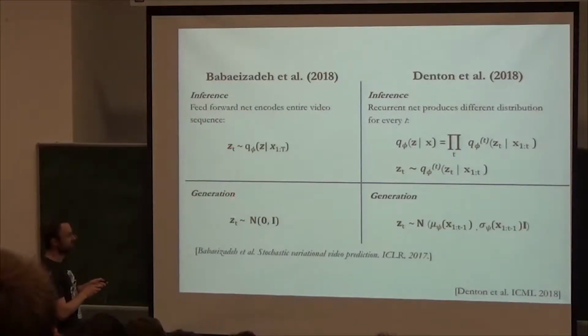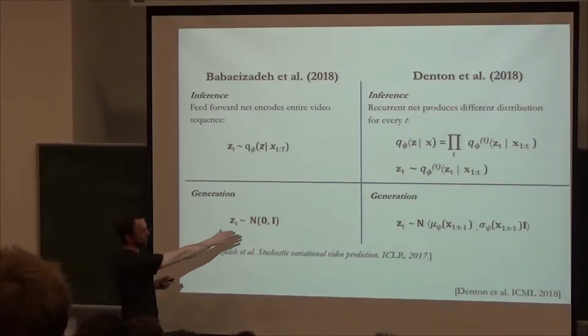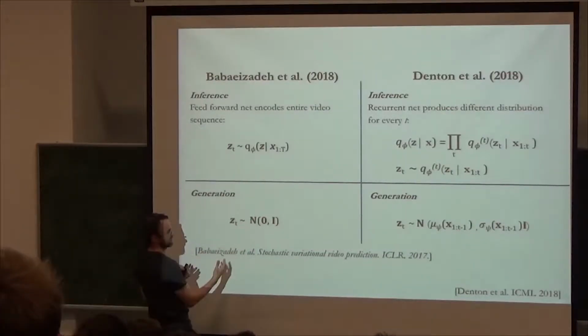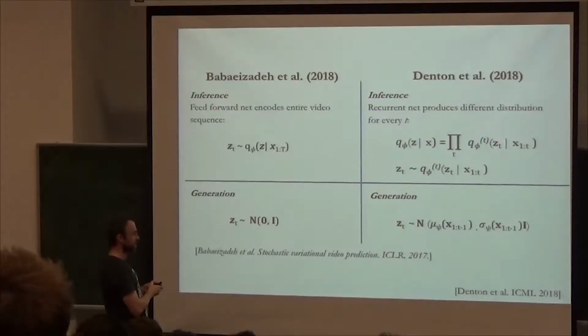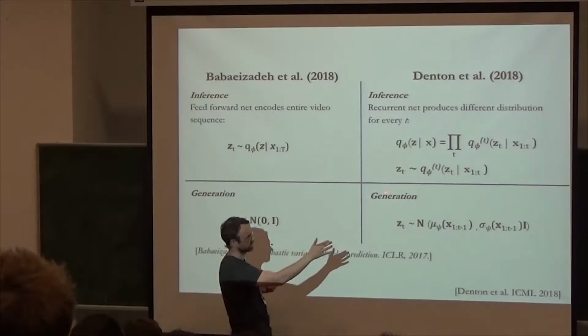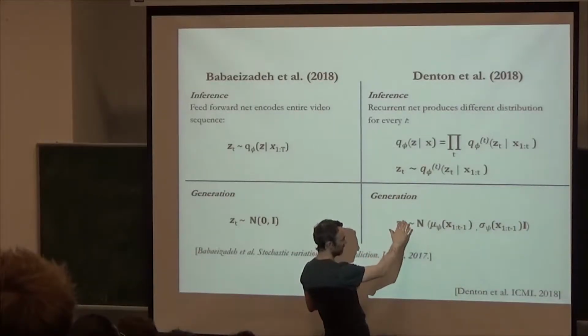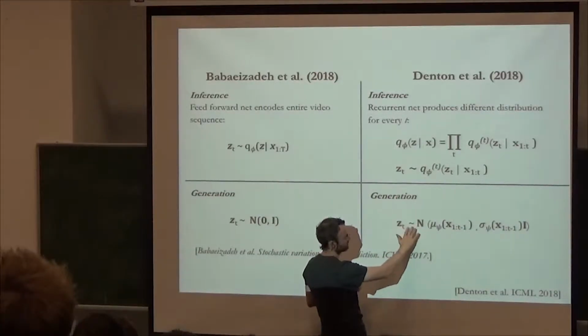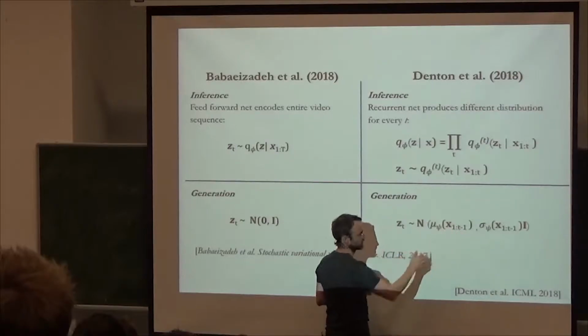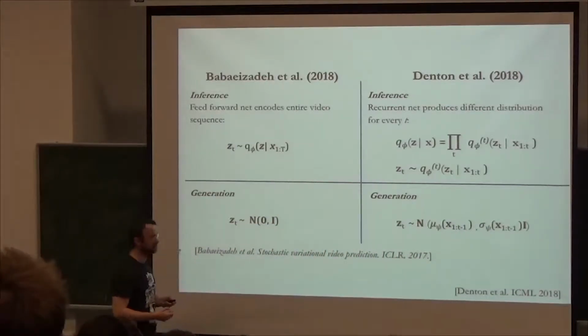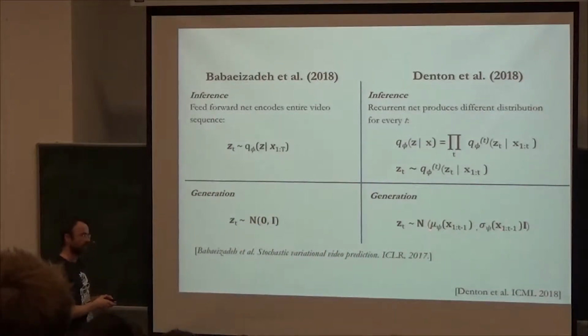But when they generate, they just use an isotropic prior, which has no structure to it, sampling that at each time step. The major difference is that in our approach, the prior we're sampling from does depend on the previous frames in the sequence, so there's a lot more richness to the prior distribution you're using.